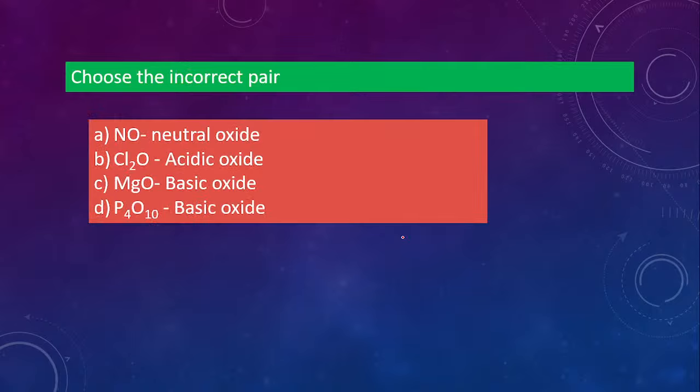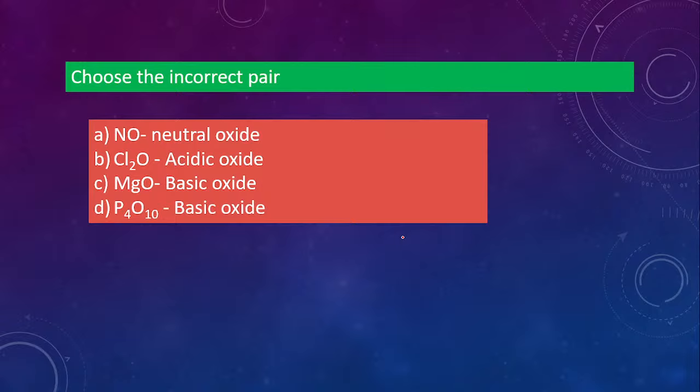Next one. Choose the incorrect pair. Okay, which pair is incorrect? NO neutral oxide, Cl2O acidic oxide, MgO basic oxide, P4O10 basic oxide. So you have to tell me which pair is incorrect. Let's suppose magnesium oxide, whether it is acidic or basic oxide.